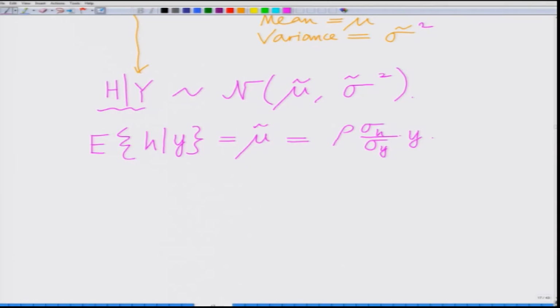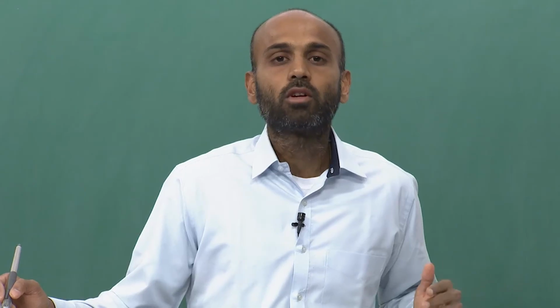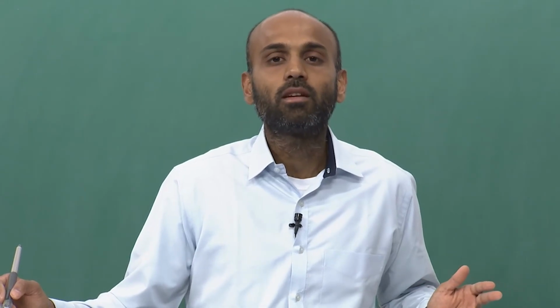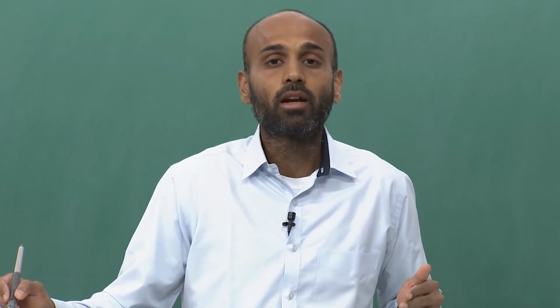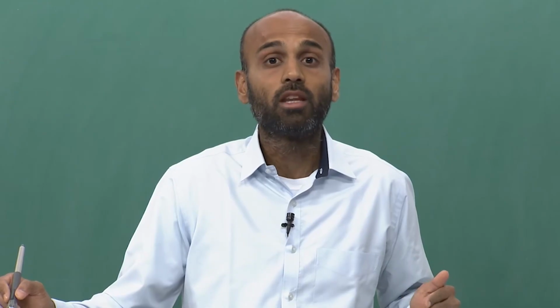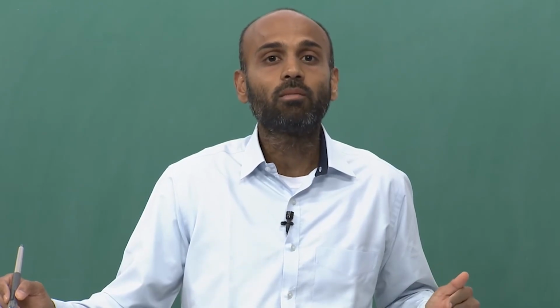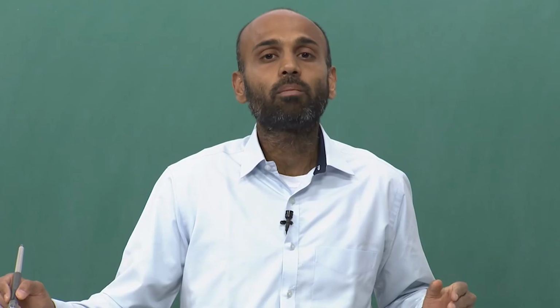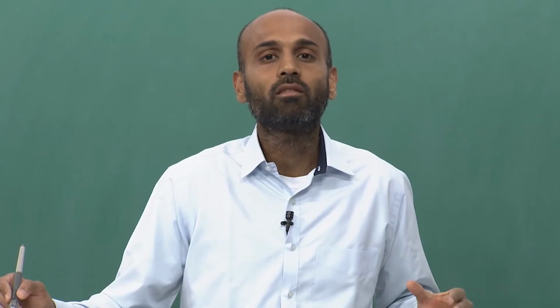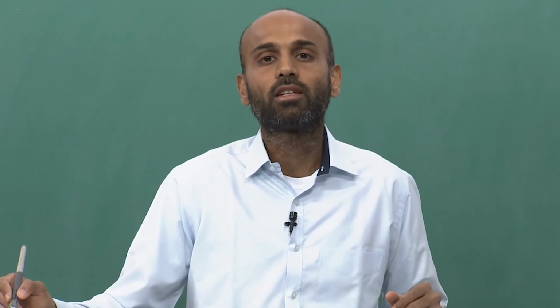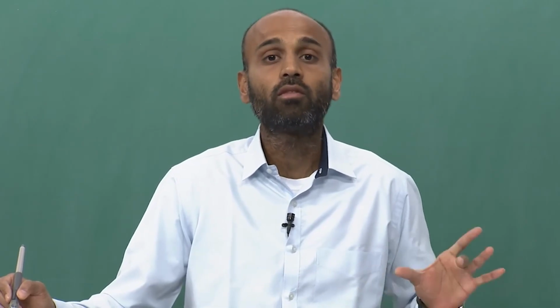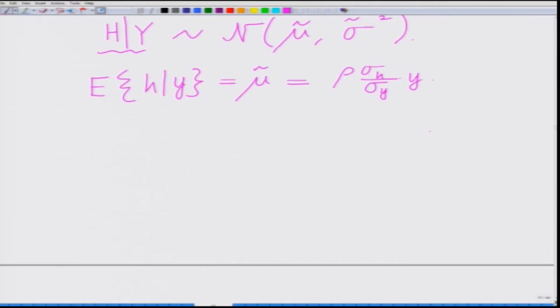And indeed now we have found the MMSE estimate, because the optimal minimum mean squared error estimate, that is the estimate which minimizes the mean squared error, is nothing but the expected value of the parameter h given the observation y. Therefore, this quantity mu tilde is the MMSE estimate of h given y for the scenario when h and y are jointly Gaussian. Okay, that is something to keep in mind.